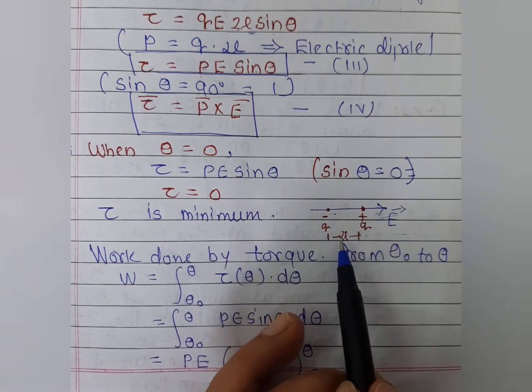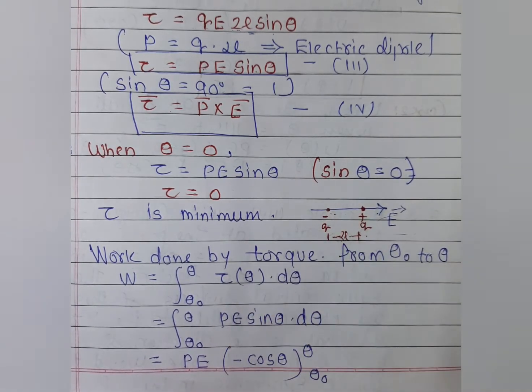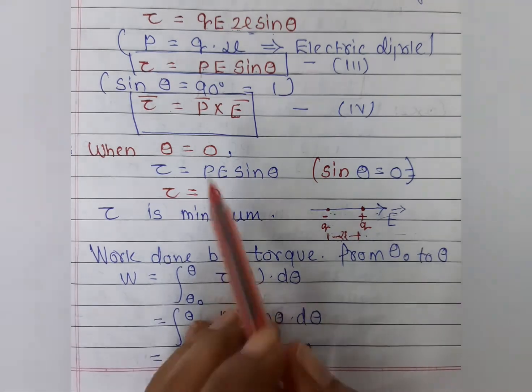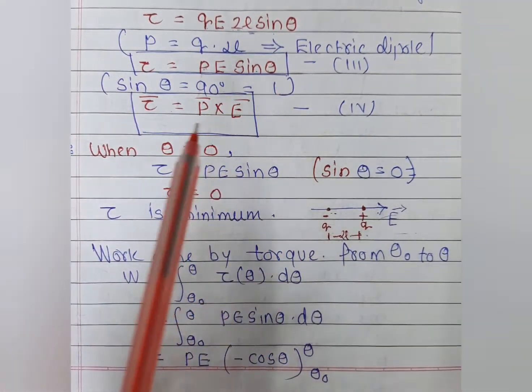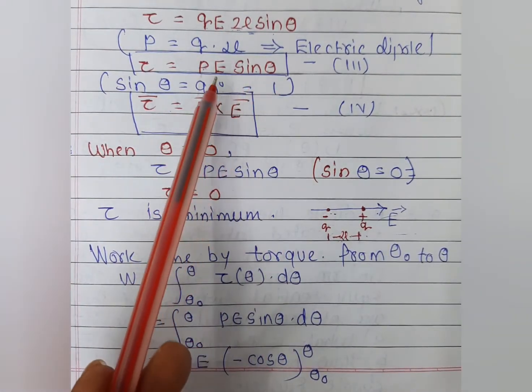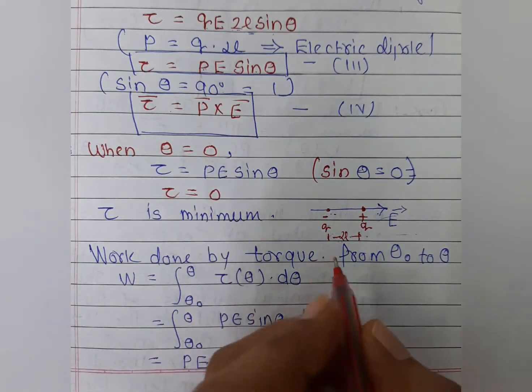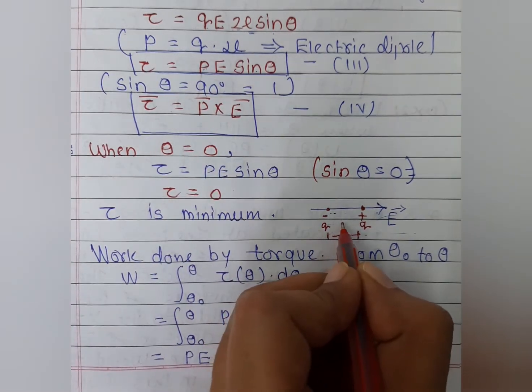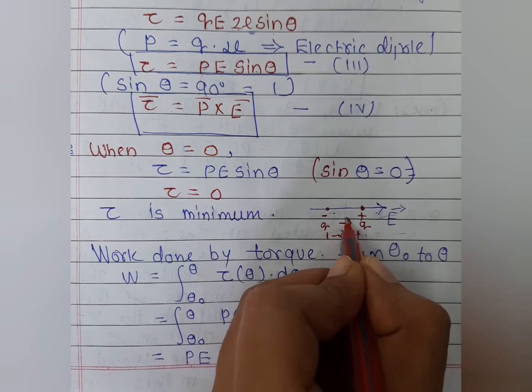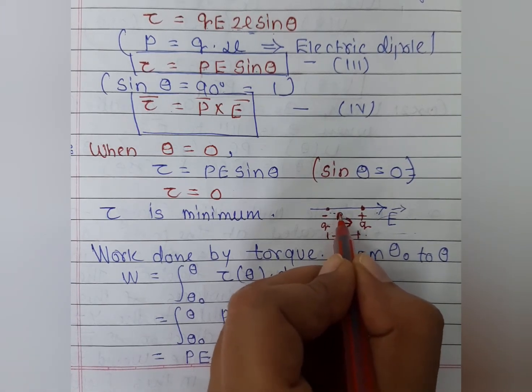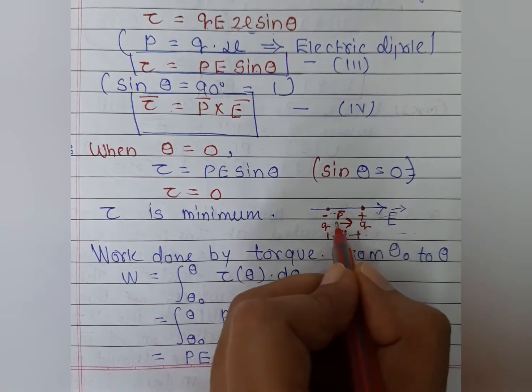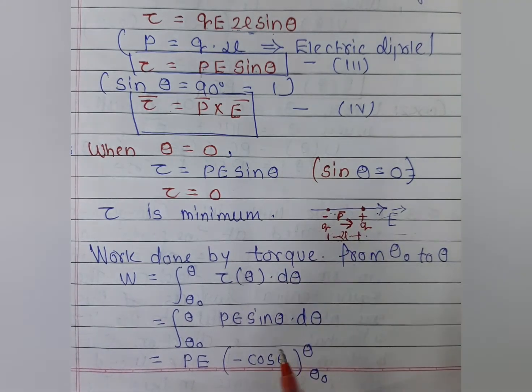Because in PE sine theta, theta is the angle between P and E, and the dipole direction is from minus to plus, P and E are both along the same direction.